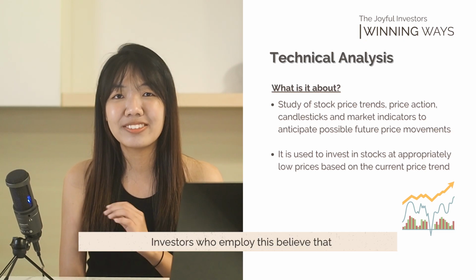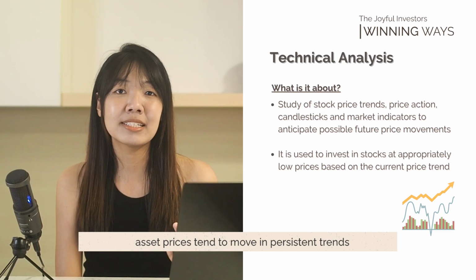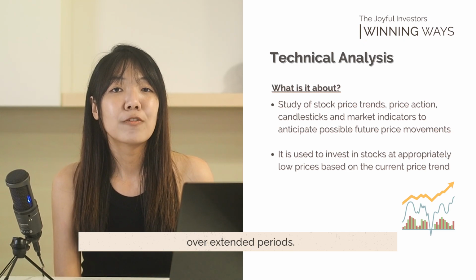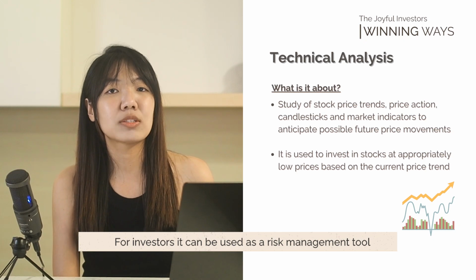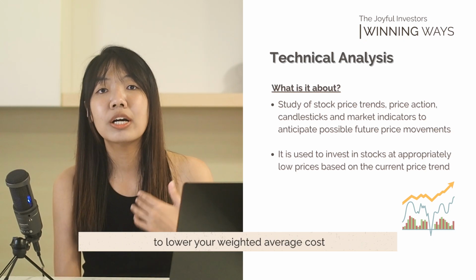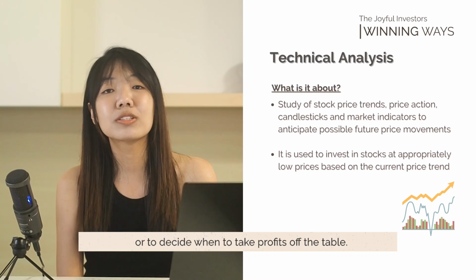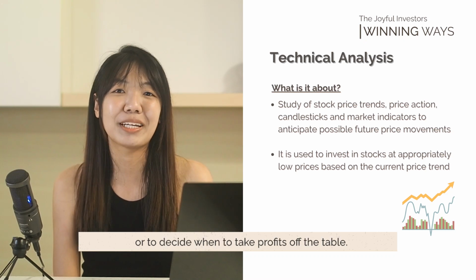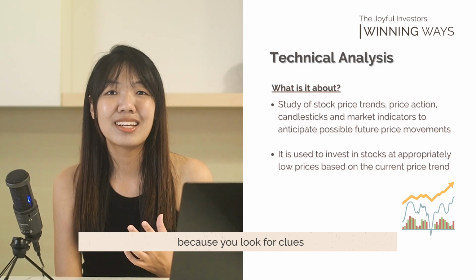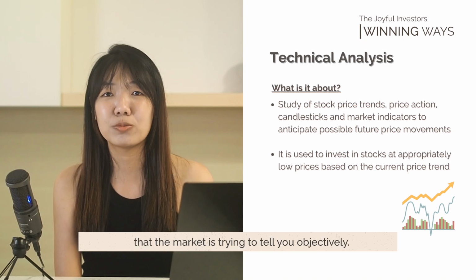Investors who employ this believe that asset prices tend to move in persistent trends over extended periods. For investors, it can be used as a risk management tool to time your entries, deliberately to lower your weighted average cost, or to decide when to take profits off the table. There are no emotions involved because you look for clues that the market is trying to tell you objectively.